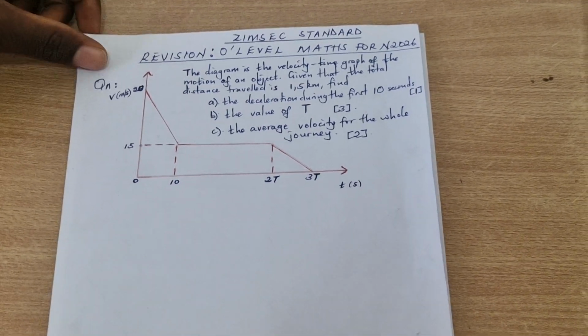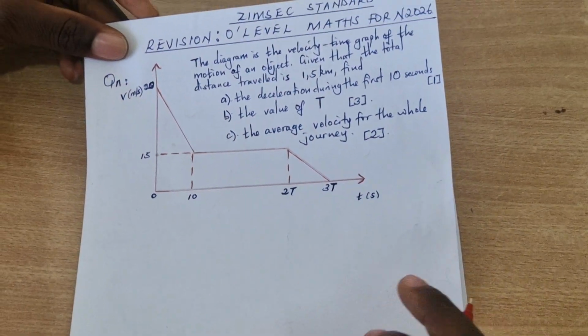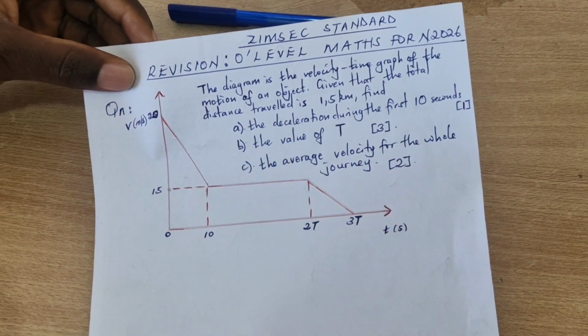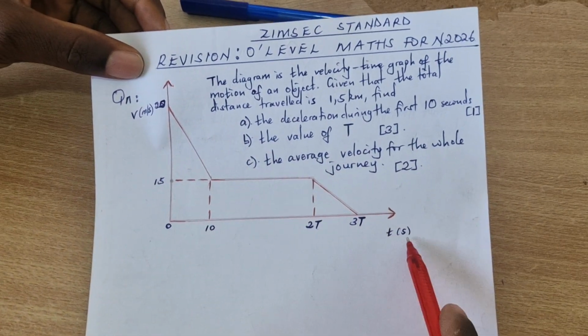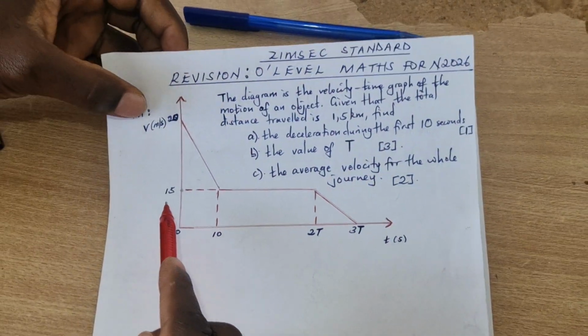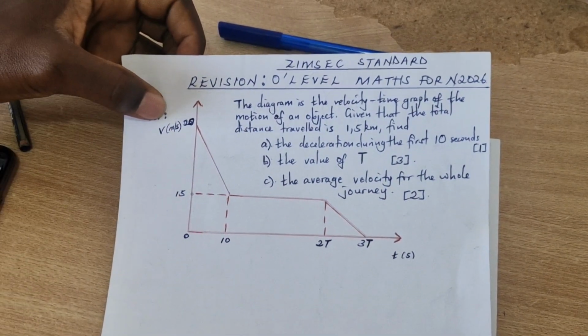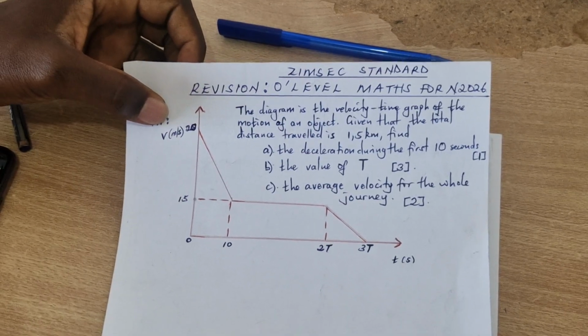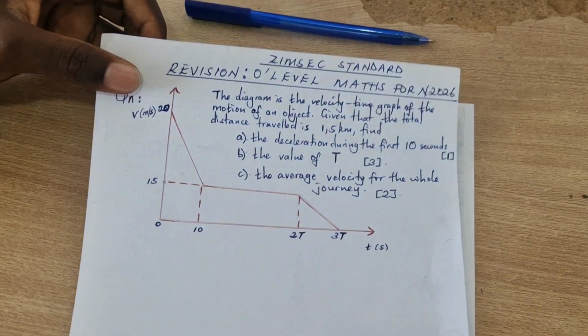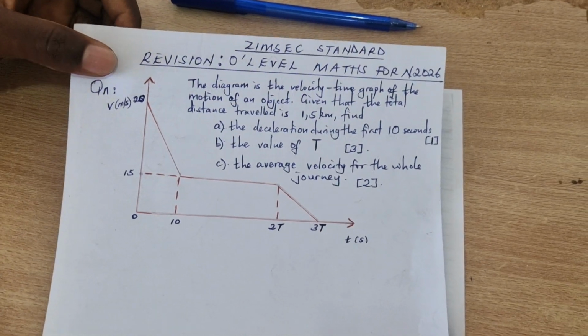Right. So the question is here, and we are seeing a diagram. This is a velocity time graph. The vertical axis is showing the velocity or the speed of an object moving, against the time taken in seconds.